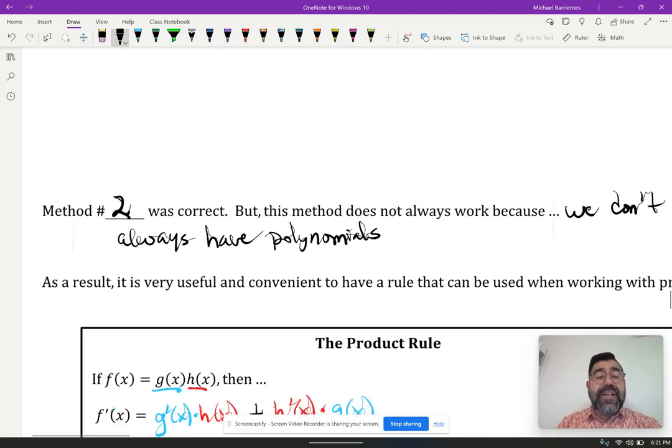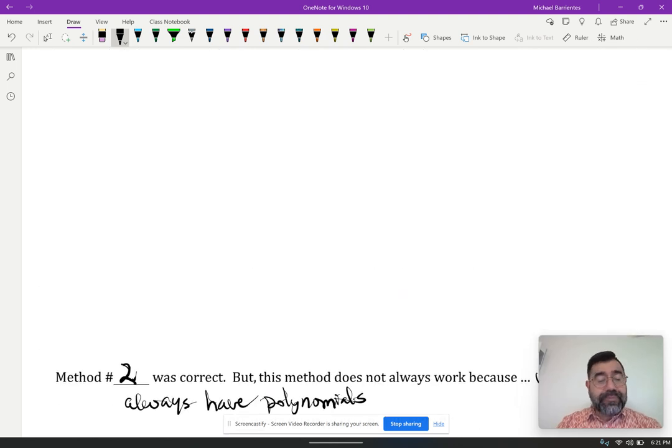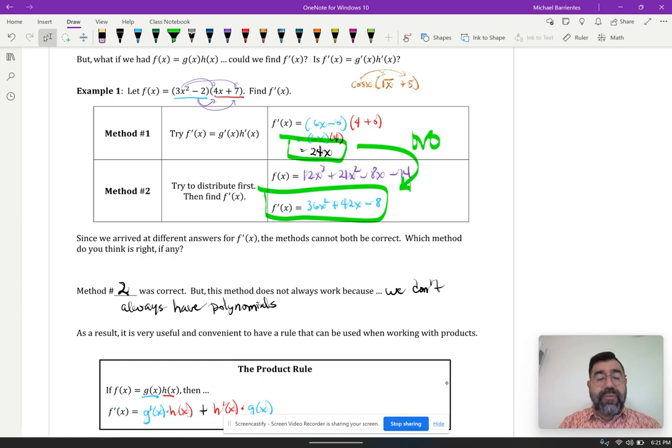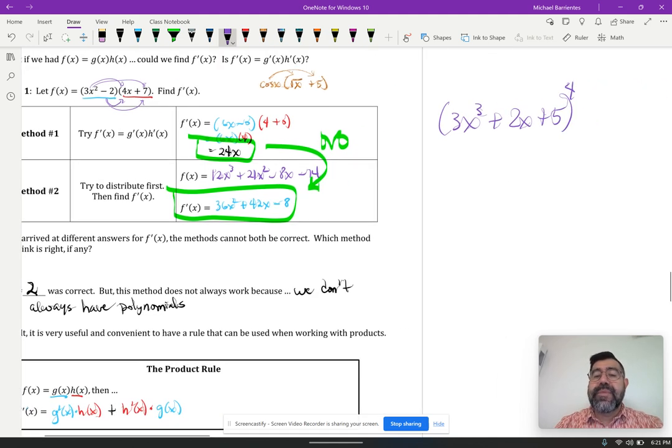I guess the other thing, when we were looking at this example of why the method does not always work, is what if we had something like 3x cubed plus 2x plus 5 to the fourth power? I'm going to have to multiply all those out.